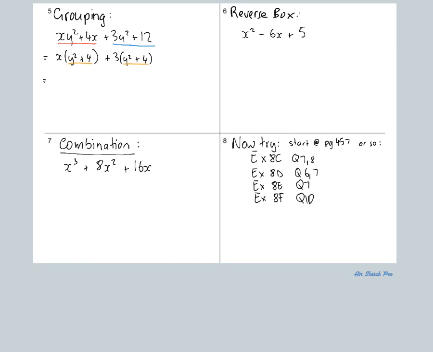So if you think about it from that perspective, y squared plus 4 is just a number, and it's a common factor for both of these expressions. And so I can take that common factor out, and what I'd be left with is the bit that's not orange on the line above, x in the first term and plus 3 in the second term.